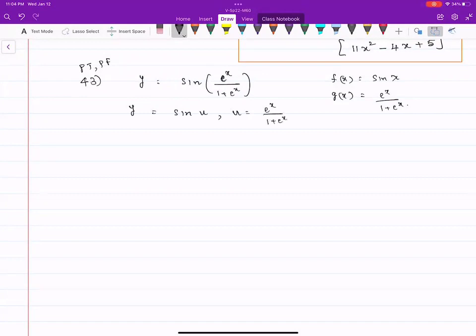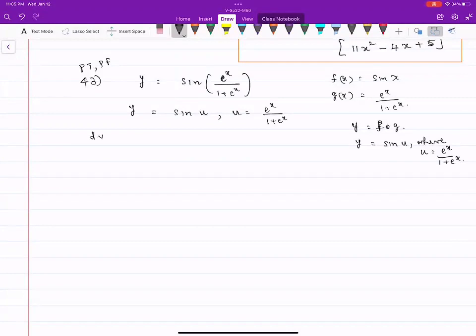You can look at it either way. You can consider y as f composite g this way, or you can also consider y as sine u, where u equals the inside function. Both are function of a function type.